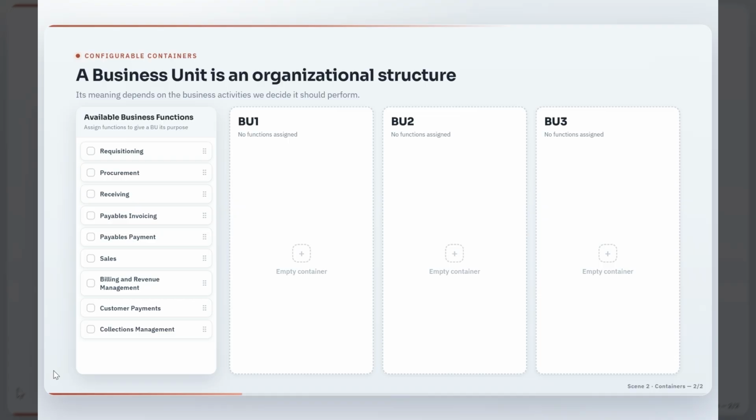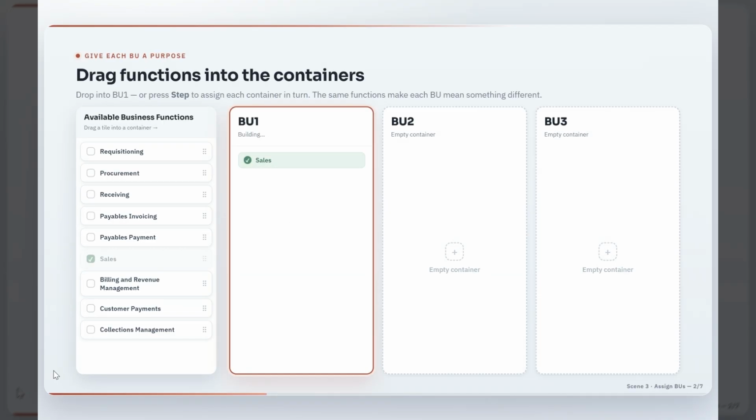Let us build BU1. First, we assign the sales function, then billing and revenue management, then customer payments. BU1 can now accept a sales order, create an AR invoice, and record a customer receipt. It sells, bills, and collects. If one physical branch independently performs those activities, we may decide to call BU1 a branch business unit.